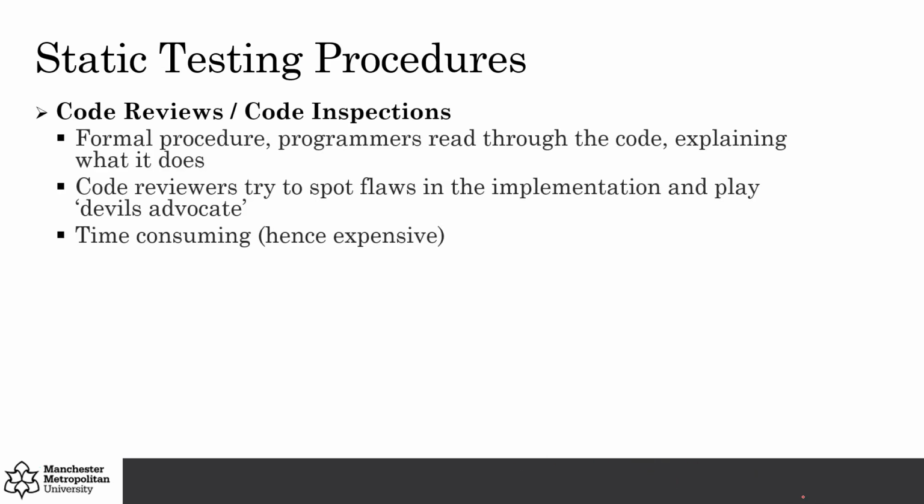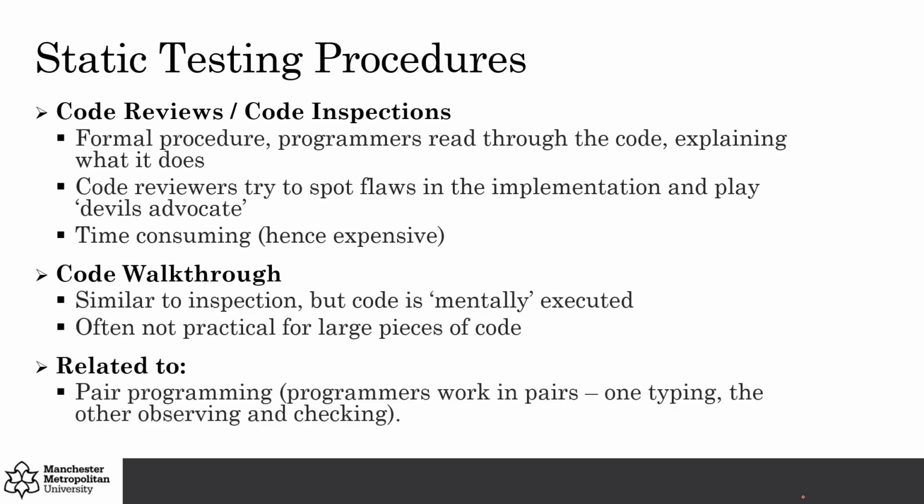Okay, so going on to more static testing procedures, the 3 that I'm just going to quickly talk about are code reviews, code walkthrough, and pair programming. So with code reviews, it sounds as boring as it is. It's a formal procedure where programmers read through the code explaining what it does.